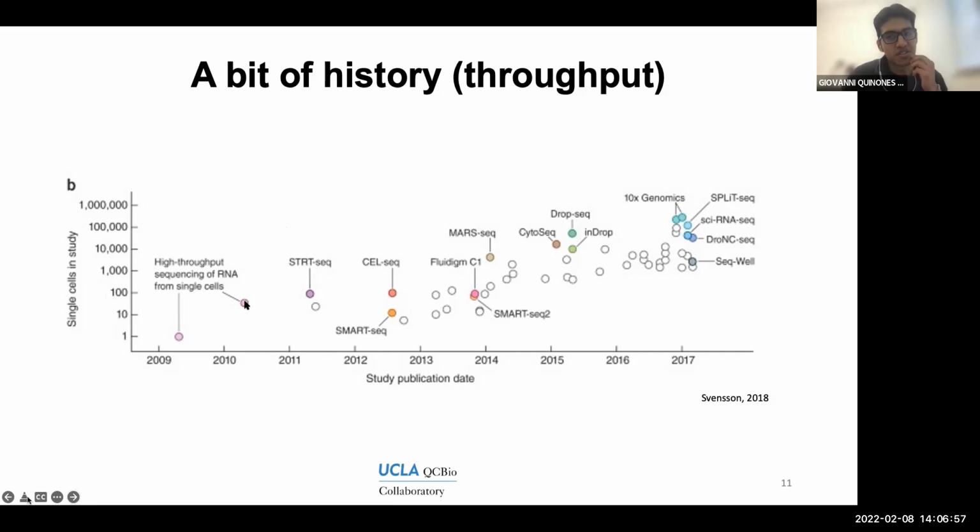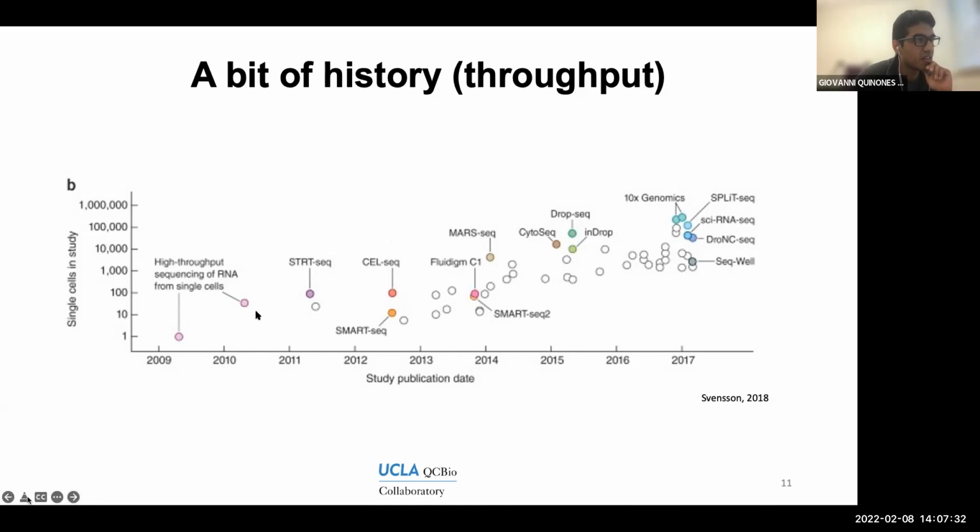Some of the things we can mention here is that STRT sequencing is one of the first commercial protocols that were developed, and so goes for Cell-seq and Smart-seq. These earlier methods were still using a bunch of manual approaches to isolate individual cells.